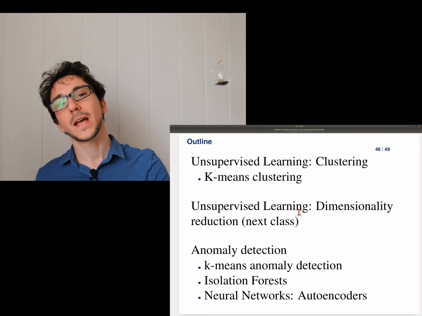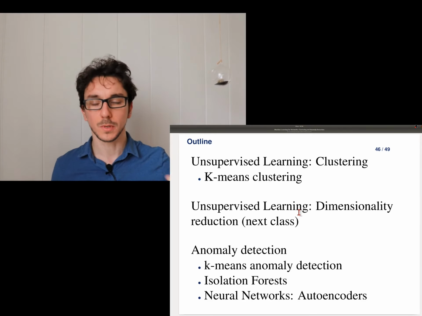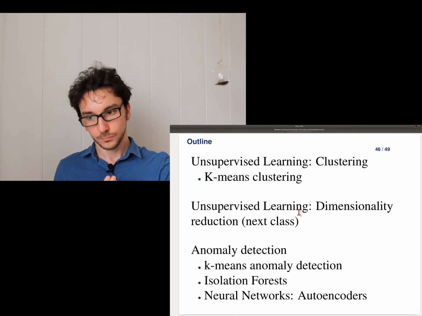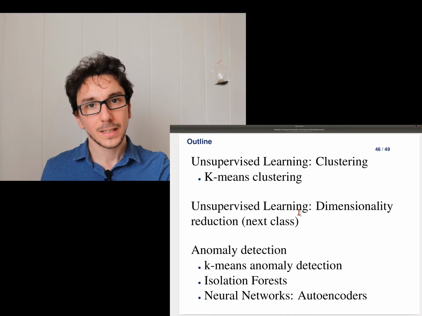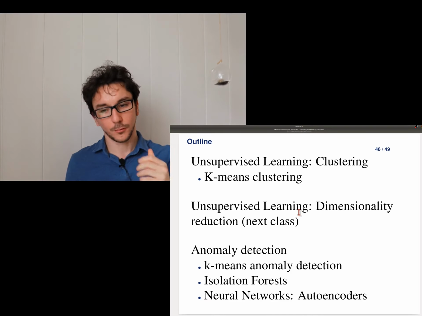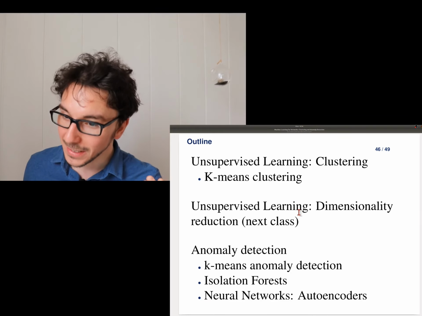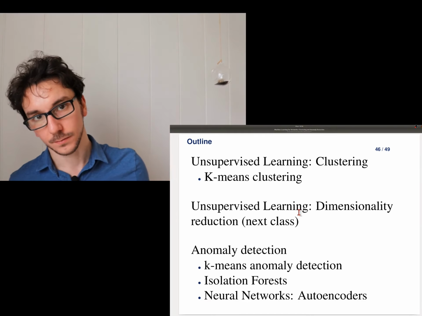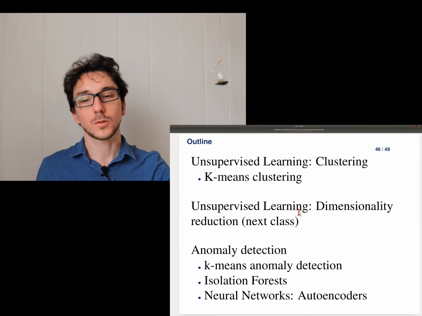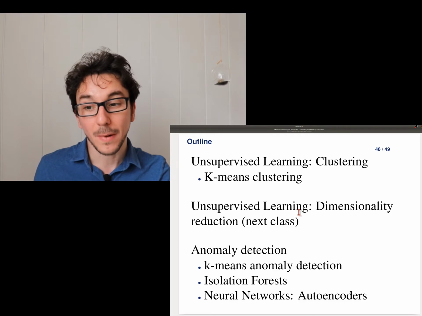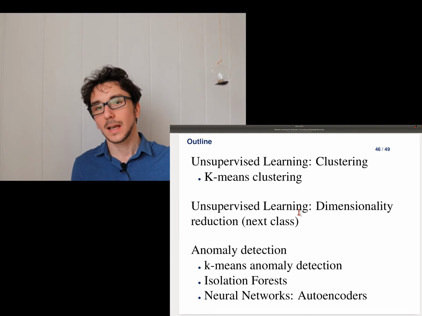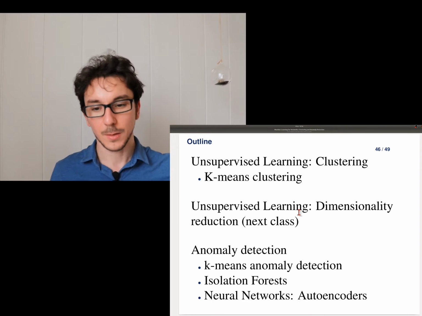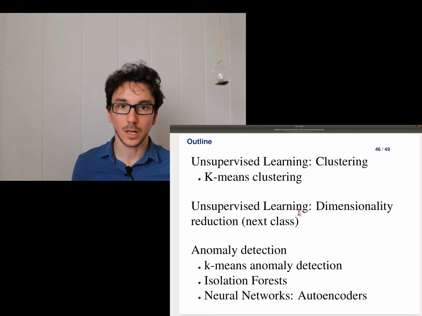You can also do dimensionality reduction, which we will see later, and anomaly detection. In anomaly detection in particular, we first constructed an anomaly detector based on k-means clustering. Then we constructed another one based on isolation forests, and the last was based on neural networks, in particular an architecture called autoencoders.